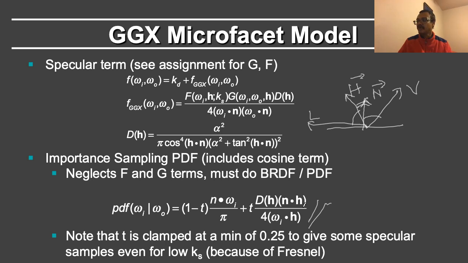You consider n dot h and you divide by this omega n dot h. Finally, as a practical matter, the t value is clamped at a minimum of 0.25 to give some specular samples even for low ks because of Fresnel reflection. Notice that the probability distribution function can really be quite arbitrary. It closely matches the sum of a diffuse and specular BRDF, but at the end of the day you will simply divide by it, and therefore slight deviations do not really significantly impact the final result.